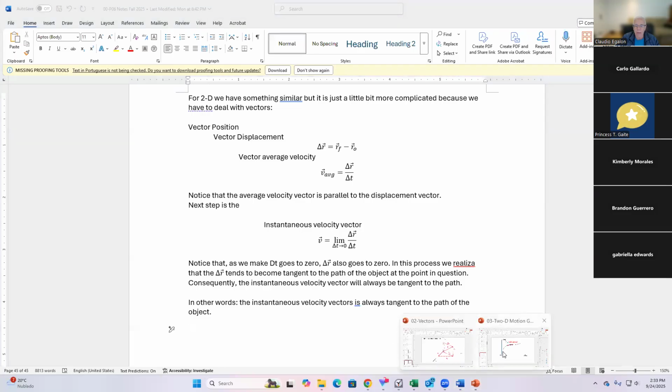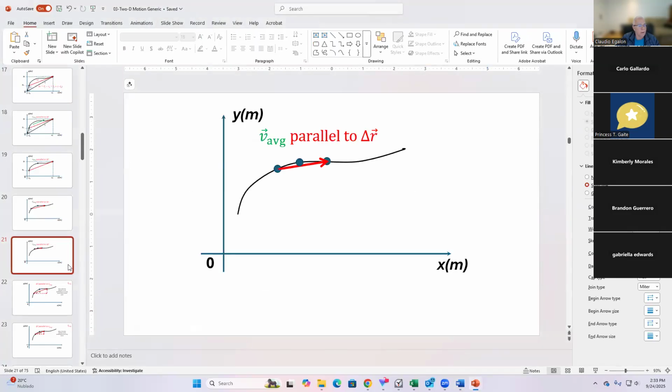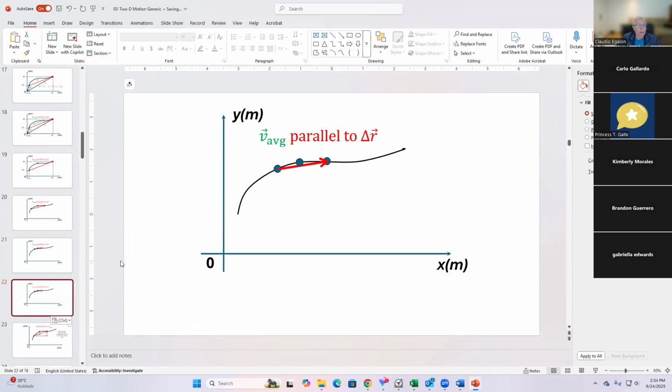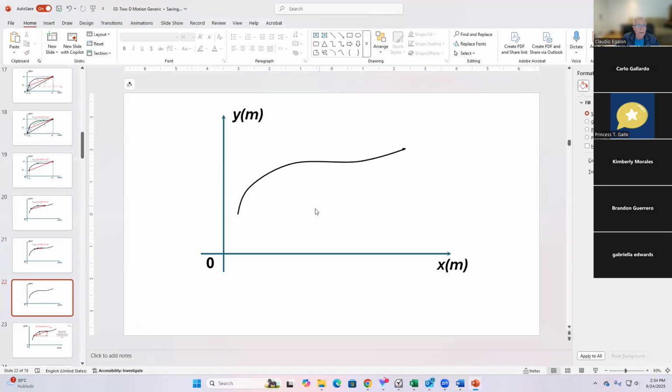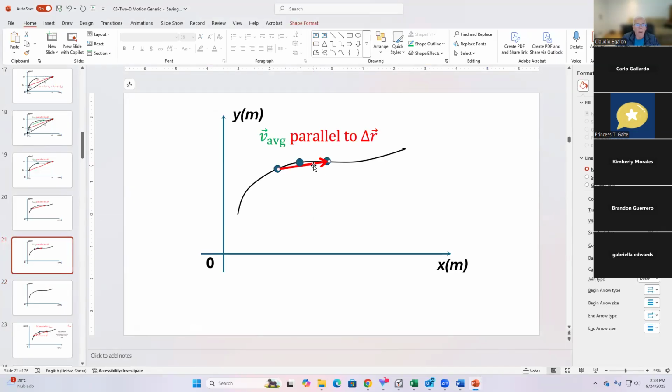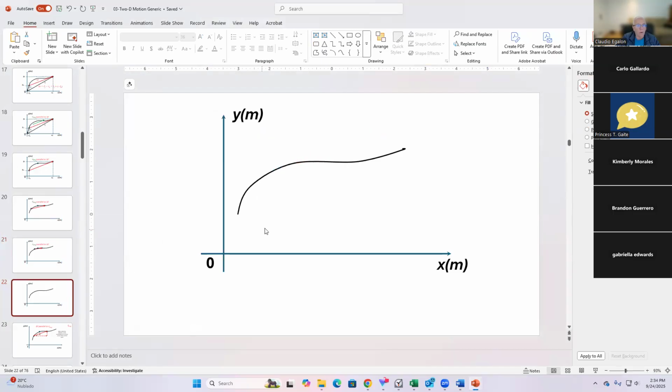If I'm going to illustrate that, here you go. I'm going to copy that and place it like that. I'm going to take out all those things here, and I'm going to draw my instantaneous velocity at this point right in here. The vector velocity at this point here is going to look just like that.